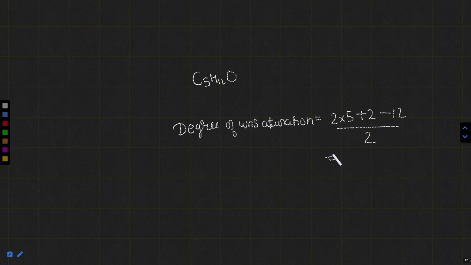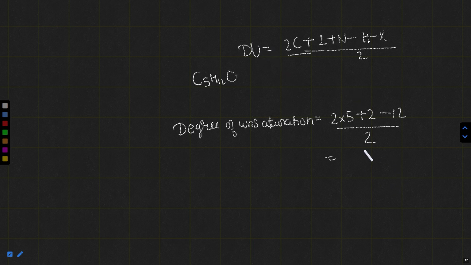If I just write the complete formula, this is 2 carbon plus 2 plus nitrogen minus H minus X, divided by 2, where X is the number of halogen, H is hydrogen, N is nitrogen. This is the degree of unsaturation. I am representing it as DU.